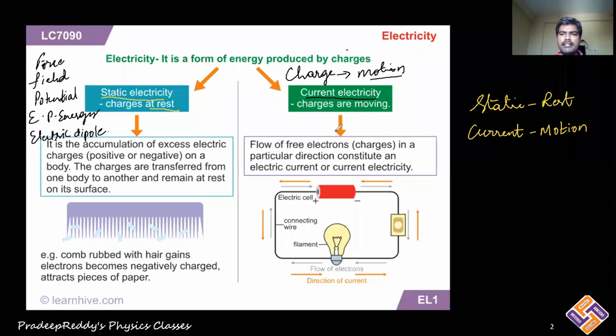Like moving charges, what are their effects? We have static charges, they have effects like force, field, potential energy, dipole. These all are effects of static charges. Likewise, charges which are in motion will also produce some kind of effects. The basic effect is electric current.